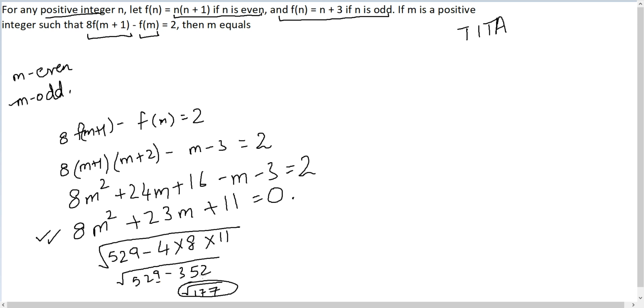Anyway, you can see the unit digit is going to be 7. No perfect square can end in 7. So the result that you get here is irrational, and therefore it cannot be an integer.